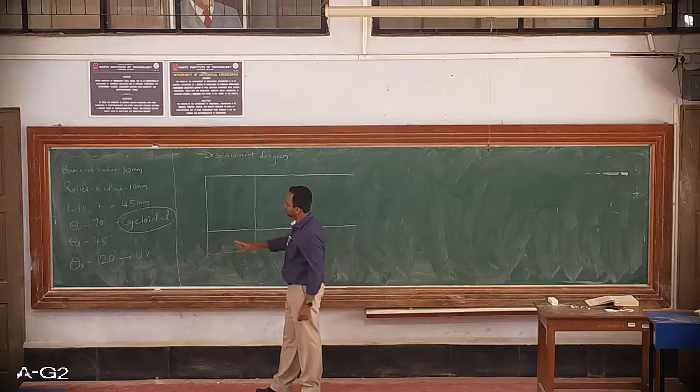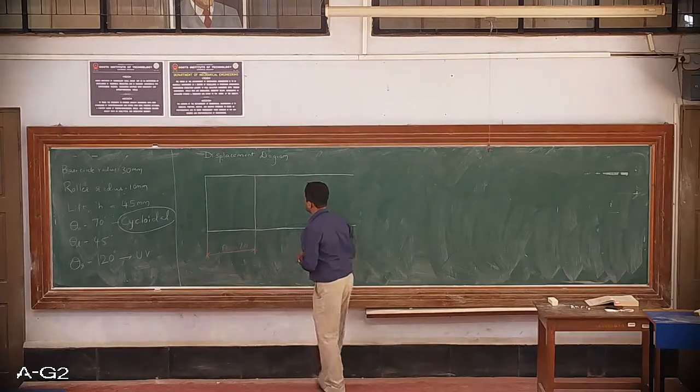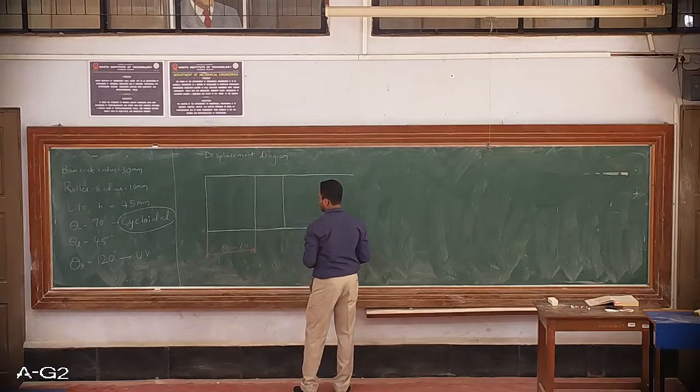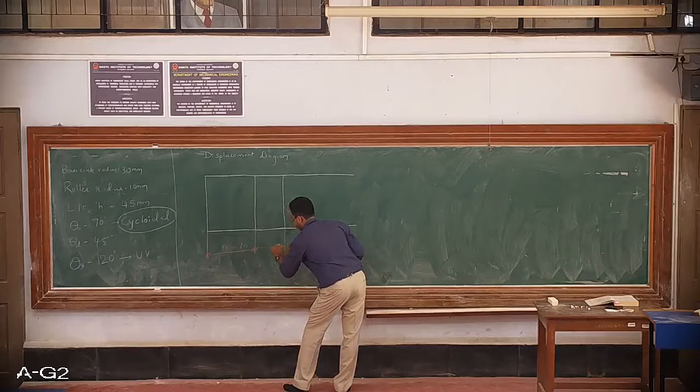Next we have a dwell period of 45 degrees. That means it will be 4.5 centimeters. So this is theta d, which is equal to 45 degrees.